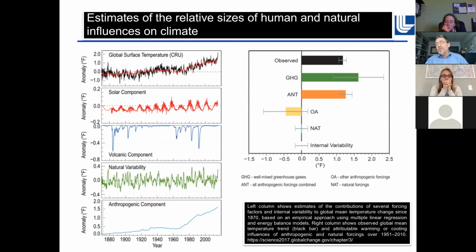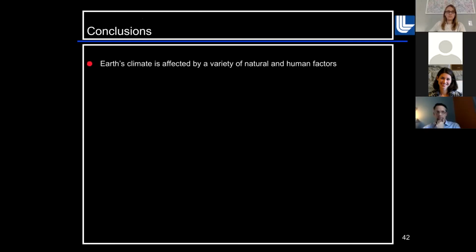So the observed warming caused by greenhouse gas increases has been slightly offset by the cooling that we've caused by sulfate pollution. And you can also see that the natural factors, the sun and volcanoes, have been a small player over the last 60 years, as has internal climate variability. Think things like El Niños and La Niñas. So this is our best understanding of the relative contributions of different factors to observed climate change.